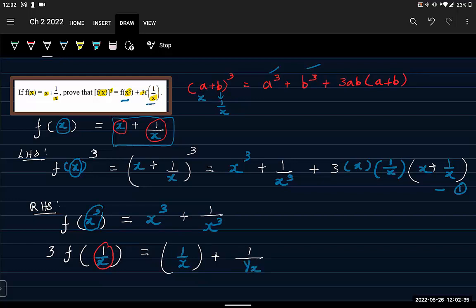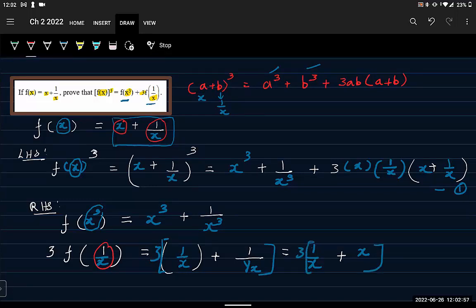This will now equal, obviously, 1 by x as it is, plus the denominator of the denominator will become the numerator, and we'll get x. And obviously we have 3 times, so we'll write 3 outside as it is.